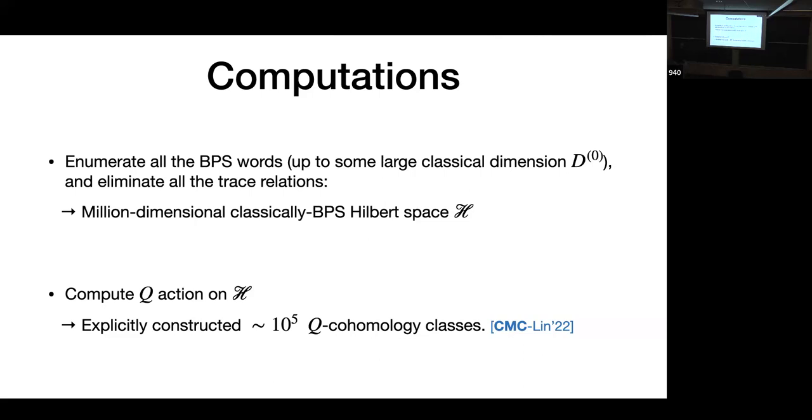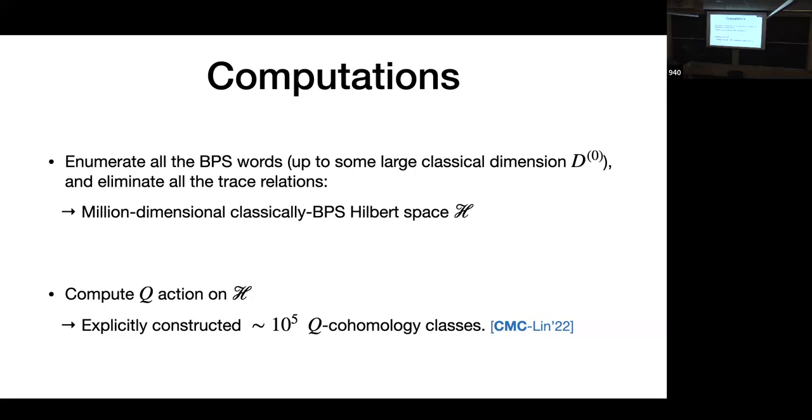Because we write the BPS words in this multi-trace form, there are a lot of trace relations involved. The hard part computationally is to enumerate all the trace relations. After that, we get a million-dimensional Hilbert space of BPS words.